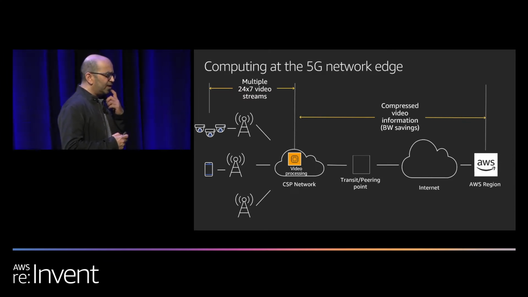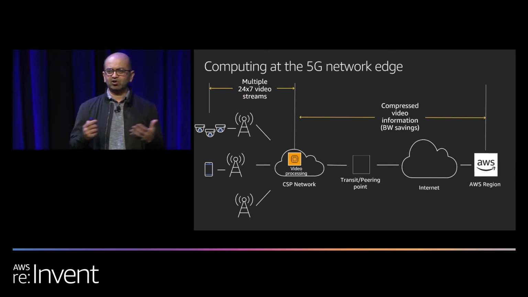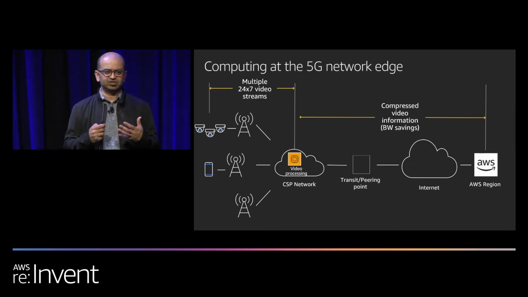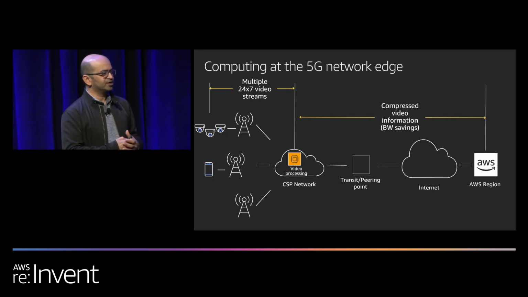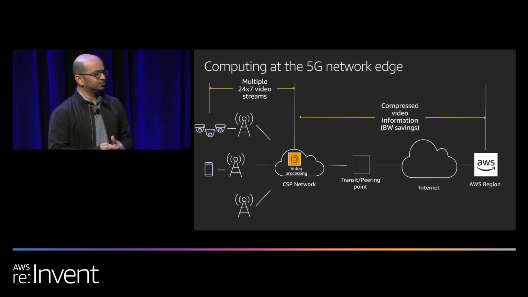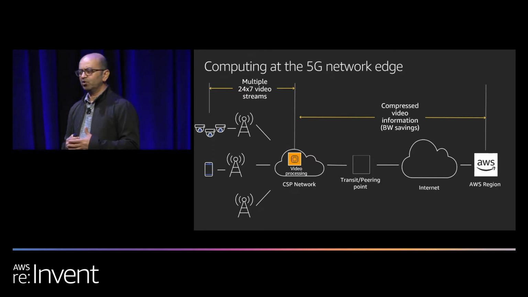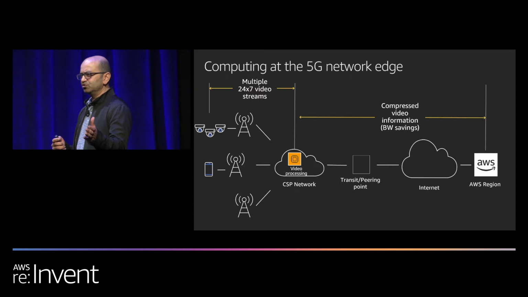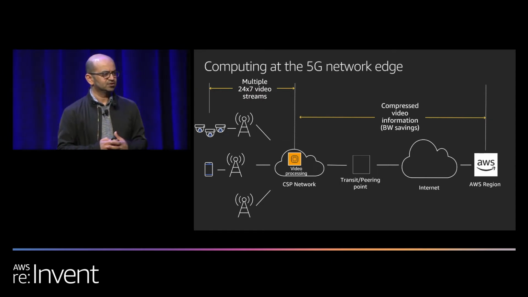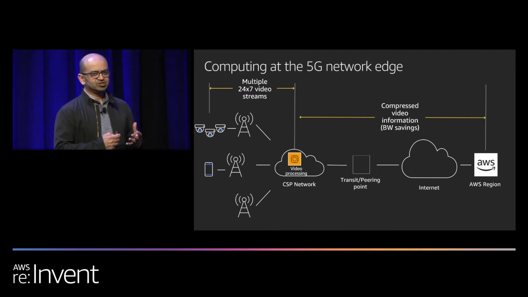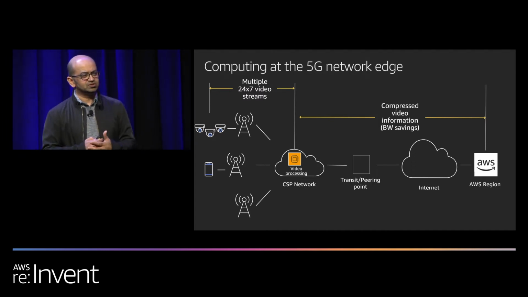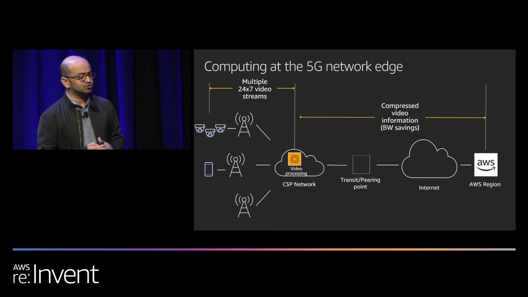Thirdly, for applications that upload a lot of data and need a lot of processing of that data, doing it within the CSP network saves a lot of backhaul bandwidth. Take, for example, machine learning for object recognition of 24/7 video streams being streamed up for surveillance. You have a large amount of data being uploaded for processing, for doing inference and learning for recognizing objects in these video streams.